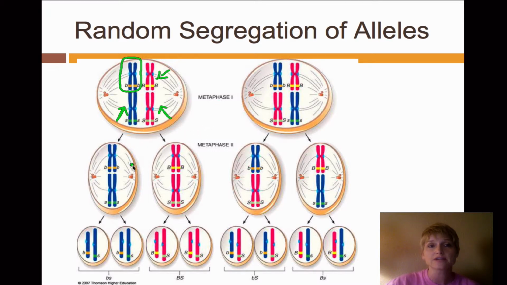It's completely random. And so when those sister chromatids split and go into these gametes, it's a random process. It can go into any one of these gametes, and each time that it splits, it could be different. It's completely random how those alleles go into the gametes because of how they line up in metaphase.